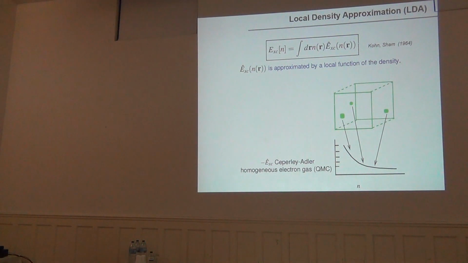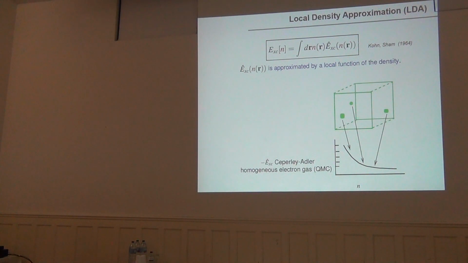So, okay, let me see what we do with this exchange correlation functional. And the simplest approximation, which was also proposed by Kohn and Sham, is the so-called local density approximation. What does the local density approximation do?